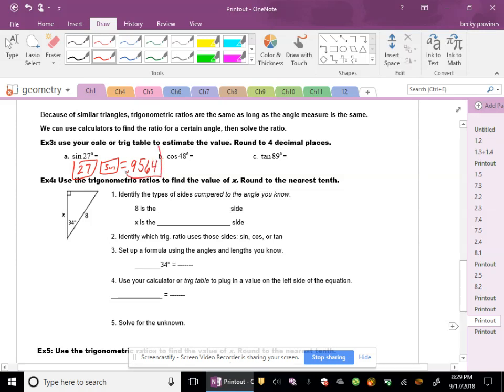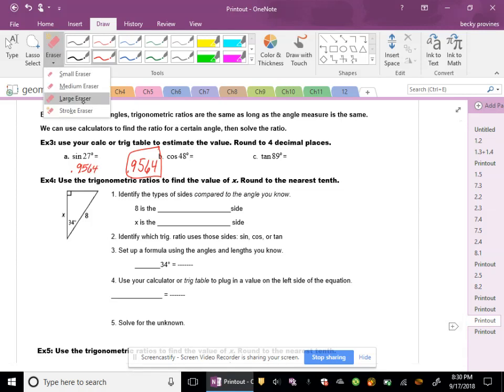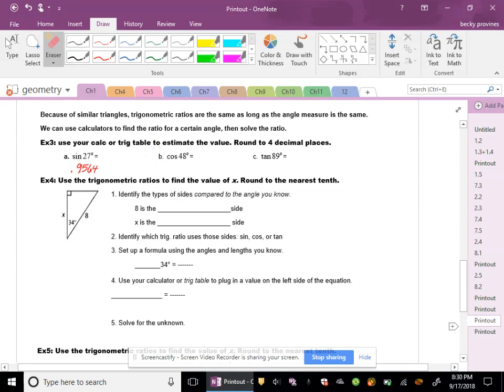Like that. Now, if you don't get that answer, we need to look at your calculator first and decide if you have this in the correct mode. Your calculator needs to be in degrees. Angles are always in degrees. Now, your calculator has 2 modes. It has radians and it has degrees. If your calculator is giving you a weird answer, try to figure out where you can toggle that back and forth.